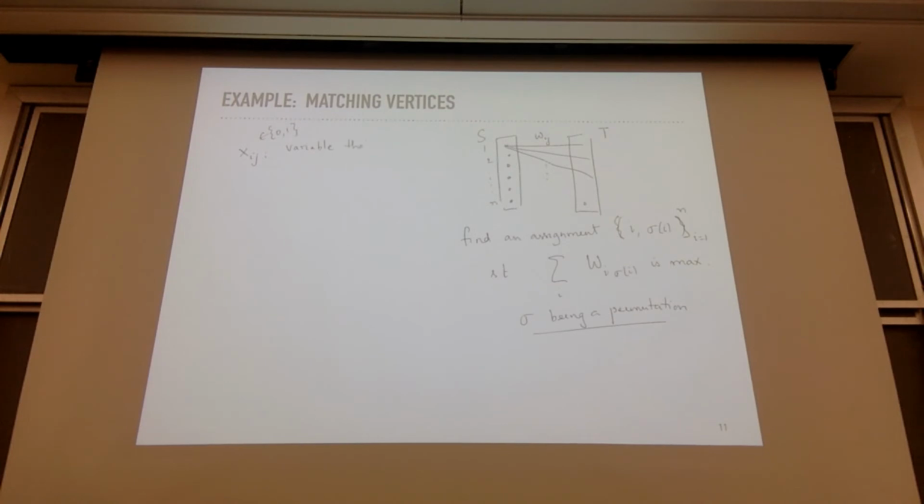That is 1 if i is assigned to match with j, that is, sigma of i is j, and it is 0 otherwise.